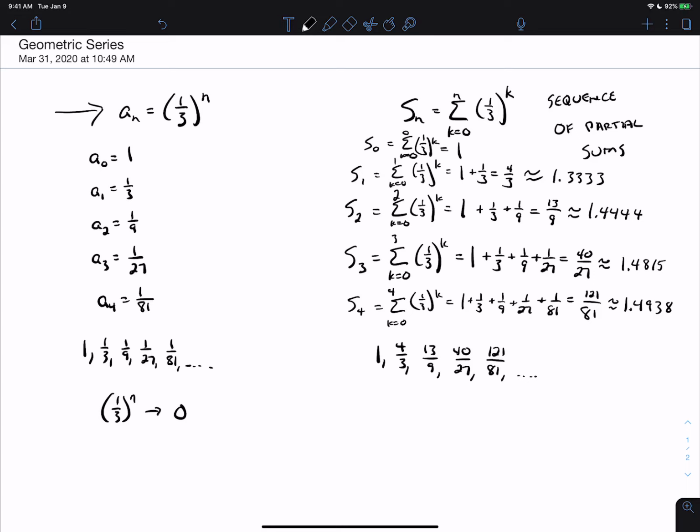And so it's not entirely clear what's happening to the sum on the sequence on the right. It looks like maybe it's going to 1.5, but we can't possibly know that just by looking at those numbers.